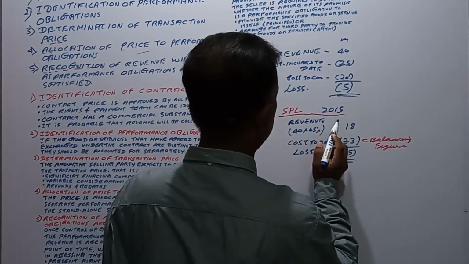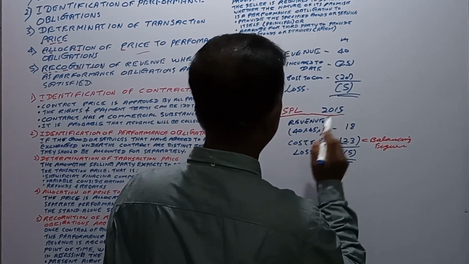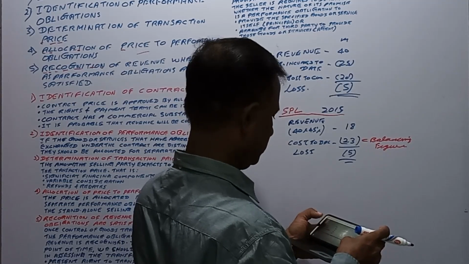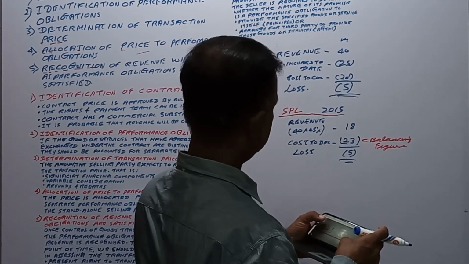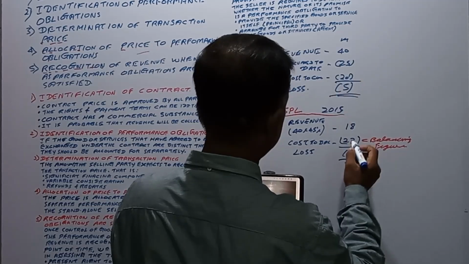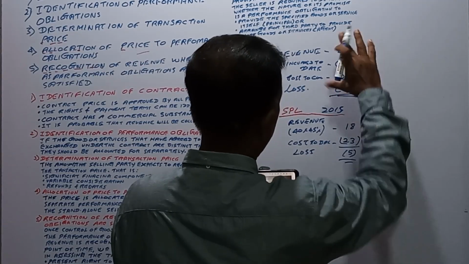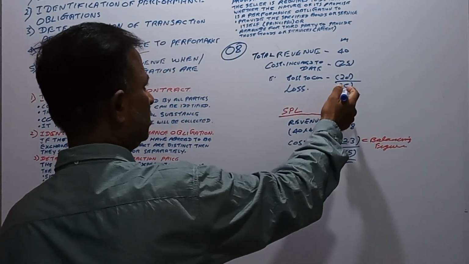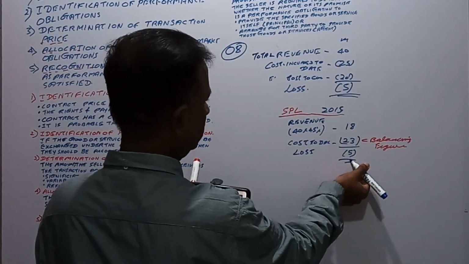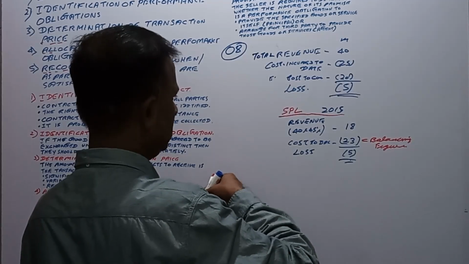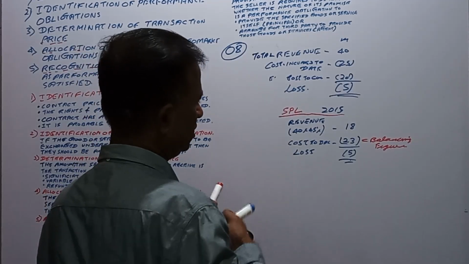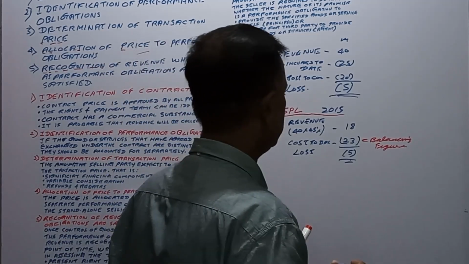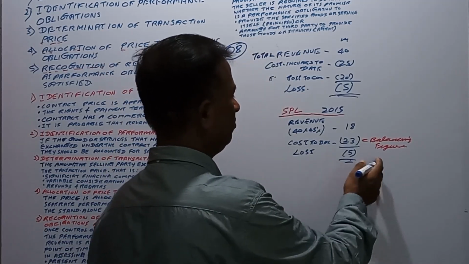For 2015, stage of completion is 45%, right? We know we are going to incur a loss, so the loss has to be charged immediately to our profit and loss account. So we cannot do it on an accrual basis. This is the prudent basis.